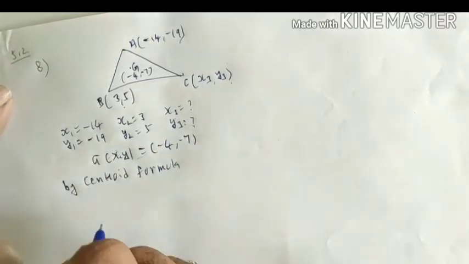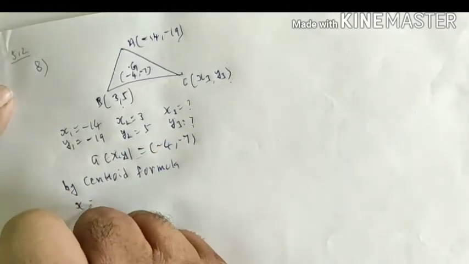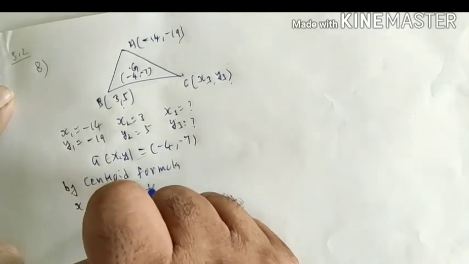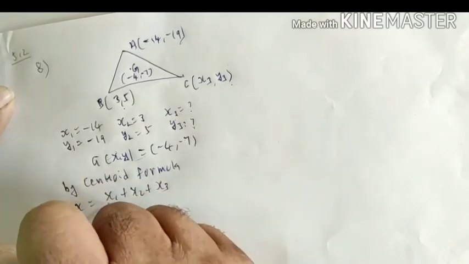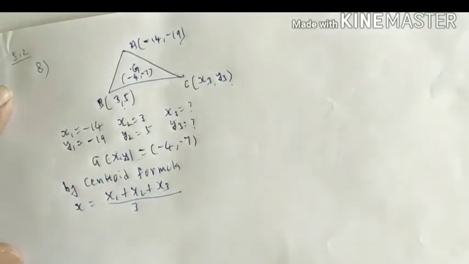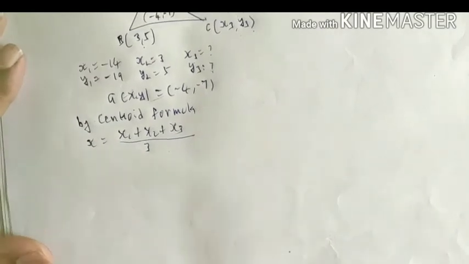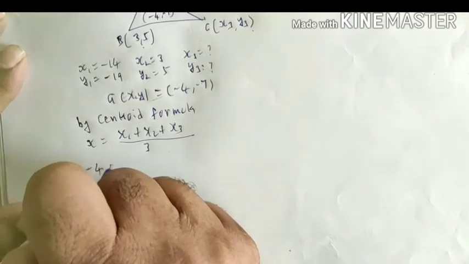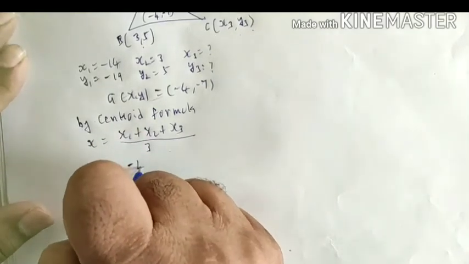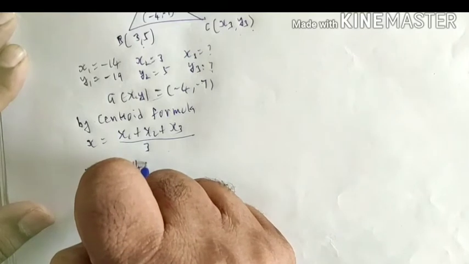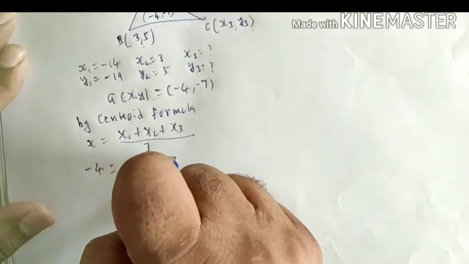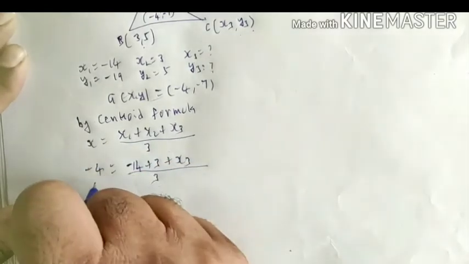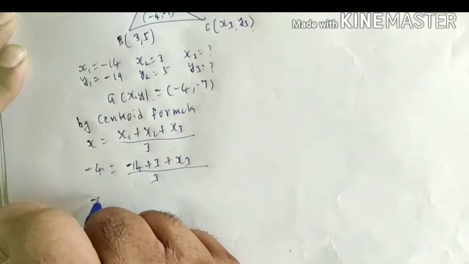By centroid formula, x is equal to (x1 plus x2 plus x3) upon 3. That is equal to x is how much? -4. So we get -4 is equal to (-14 plus 3 plus x3) upon 3. 3 coming to left side, how much we get? -4 into 3.